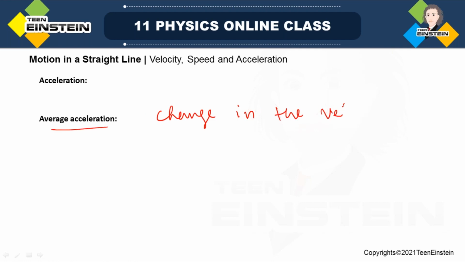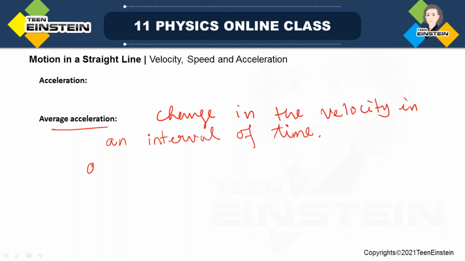It is defined as the change in the velocity in an interval of time. So change in the velocity in an interval of time is average acceleration, written as a bar.